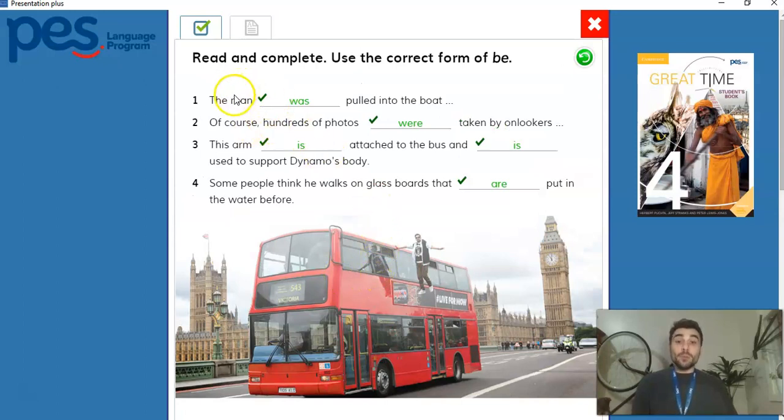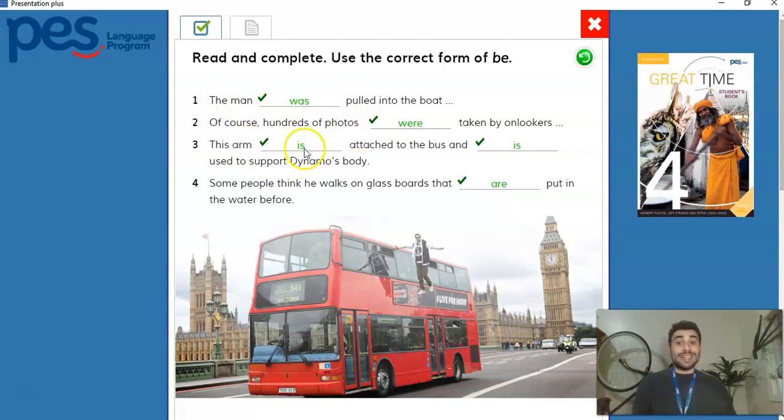So, important things to pay attention to over here. Why am I using was here? Because it is referring to the man, which is singular, right? Here, I am using were because I am referring to hundreds of photos, so plural.